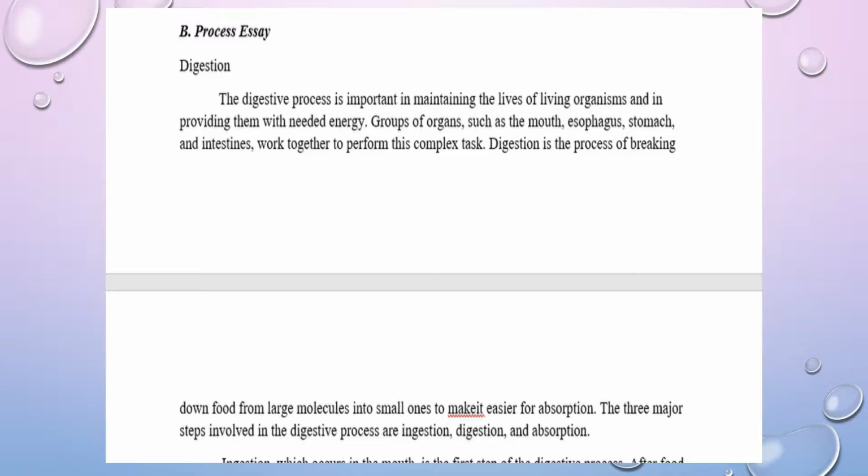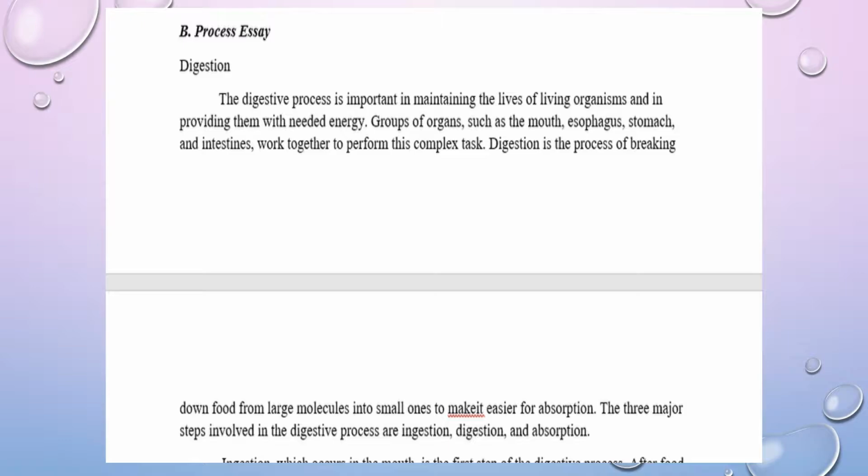When you're looking at a process essay, there are certain clue words, or what they call signal words or transitions, that indicate that this is a process essay. Those words include step, stages, processes, development, cycles. Okay, and so when we are looking at an essay, remember an essay will have an opening paragraph which provides the topic of the paragraph and the thesis statement.